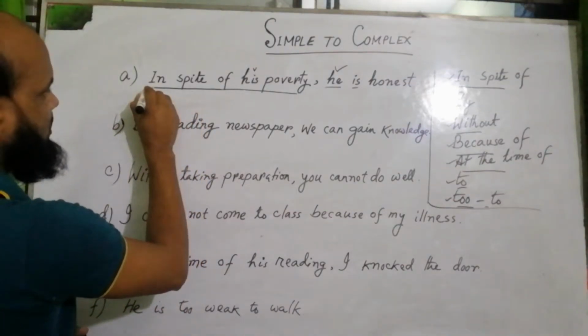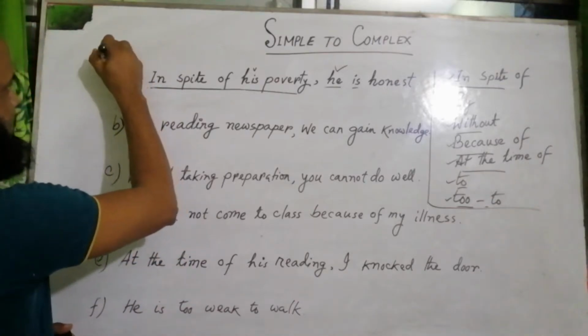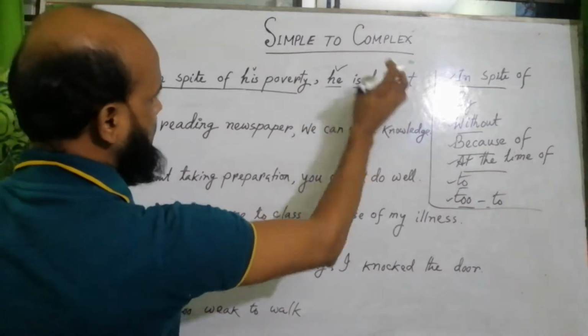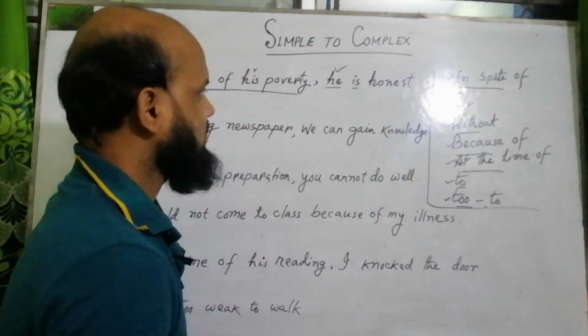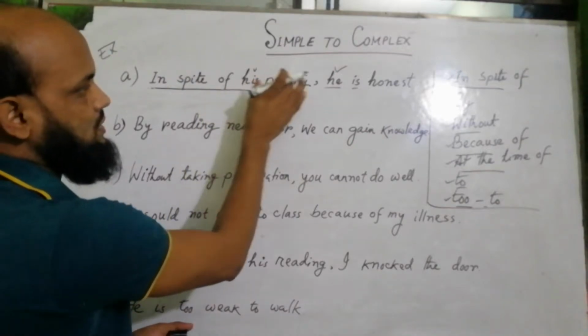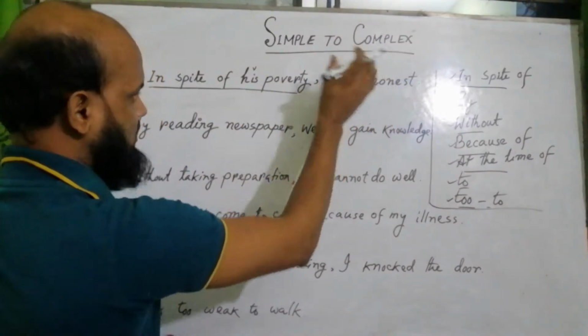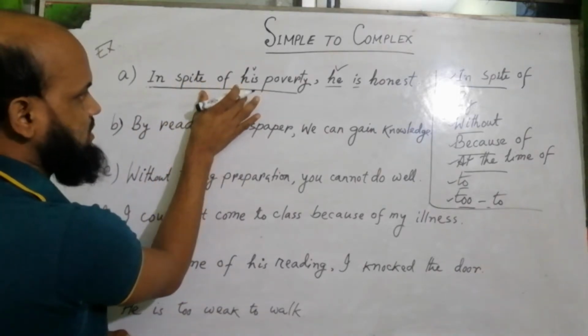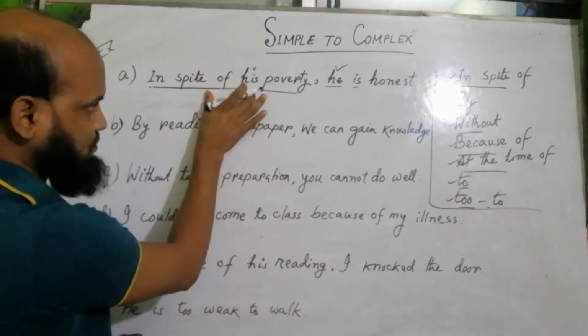You see in the beginning, in example A, in spite of his poverty he is honest. That means, though he has poverty, he is honest. So this is a phrase and there is no subject and finite verb.